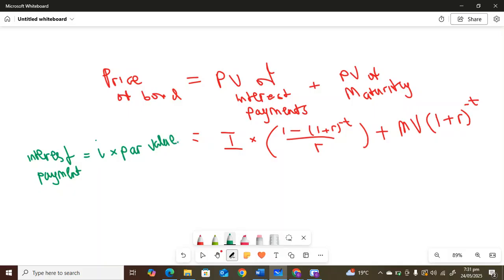Same things, just the amount printed on the bond. So our interest rate is 8%. The face value, which is also called the par value, is 1,000. 8% of 1,000, that's 80 kwacha.